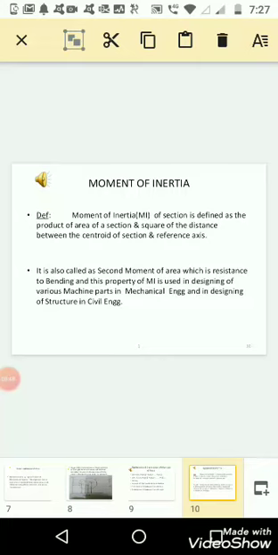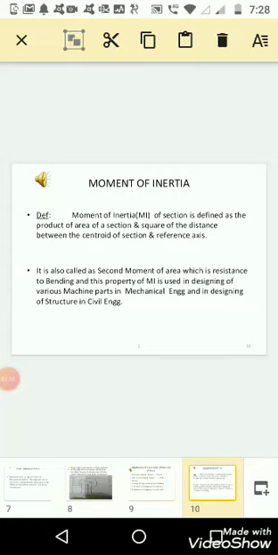Now let us try to understand what is moment of inertia. We do have a theoretical definition of it. Moment and inertia, these are the two words, when clubbed together form moment of inertia. We know moment. Moment is force into perpendicular distance between point of application of force and axis of rotation.